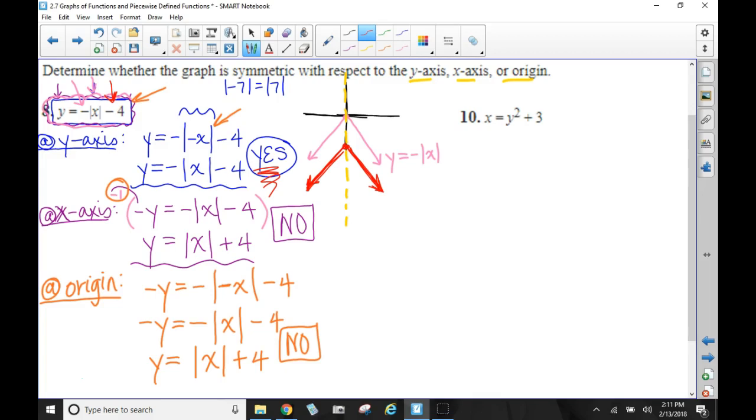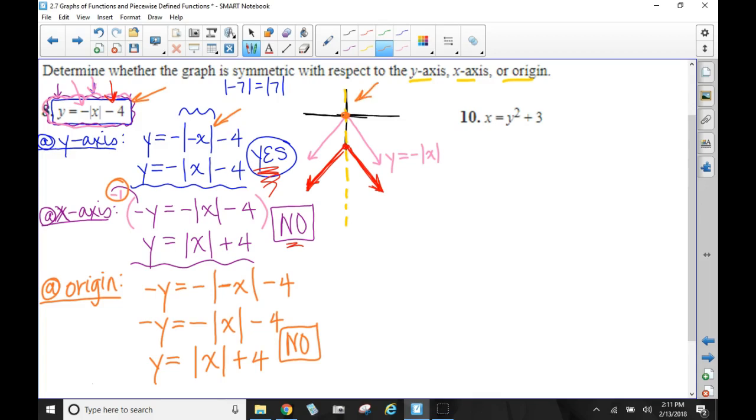Okay, if this thing was symmetric about the x-axis, then we'd have to have not only that going on down there, but that going on up there. And we don't have that. That's not what the graph of y equals negative absolute value of x minus 4 is. We also don't have symmetry about the origin here. So that's a no as well. All right, so that's what we're really talking about, looking at it pictorially.